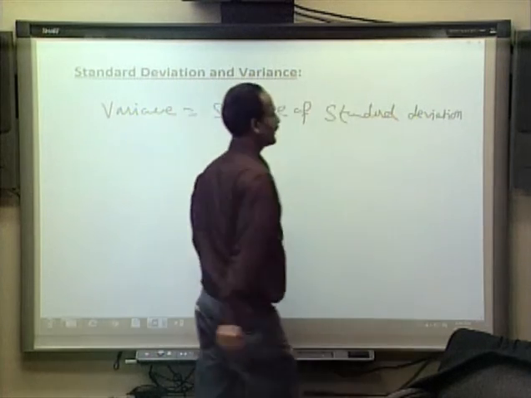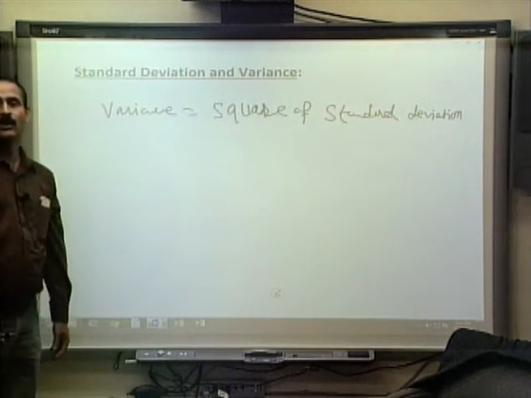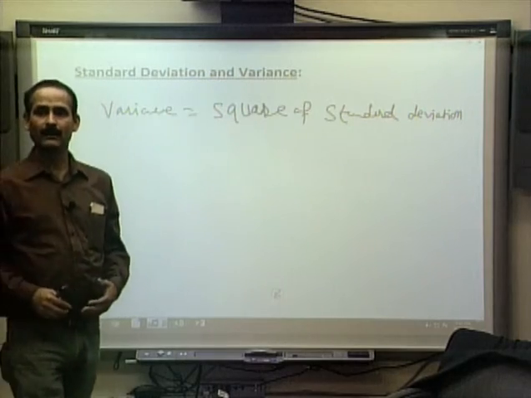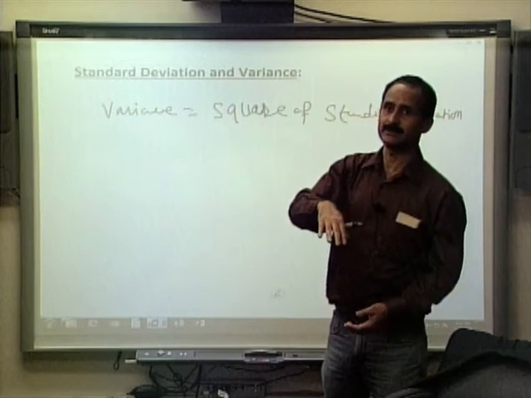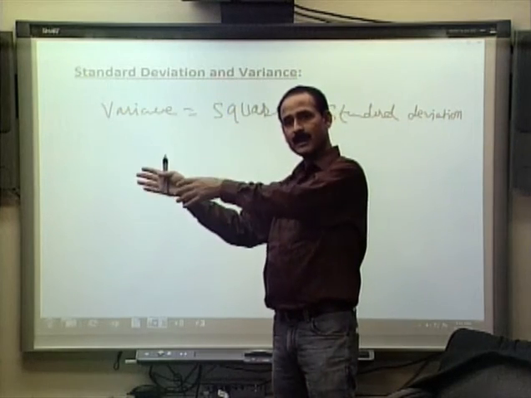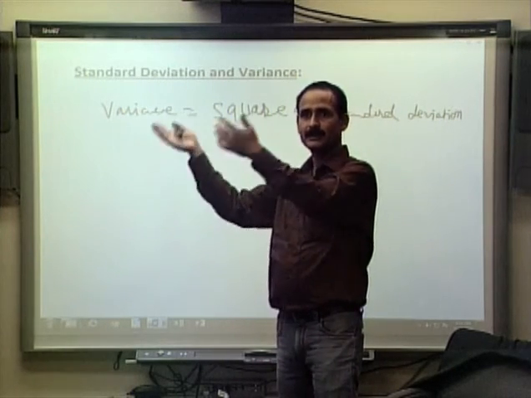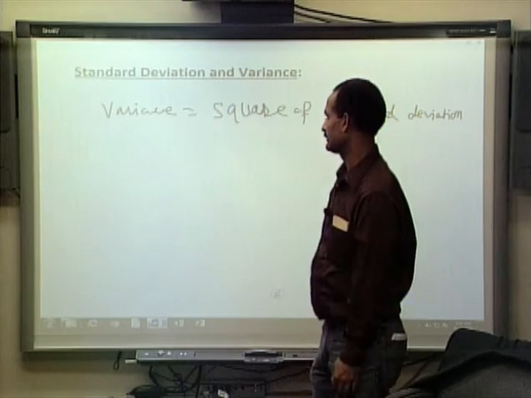Variance is nothing more than the square of standard deviation, or you may say standard deviation is the square root of the variance.